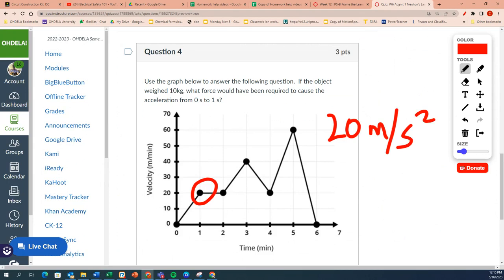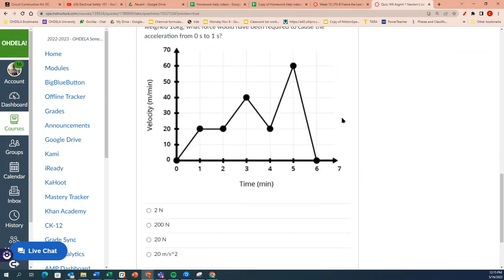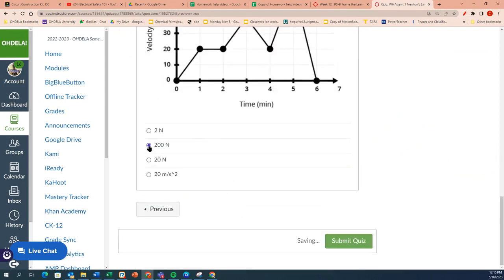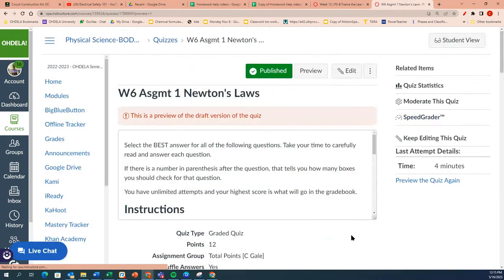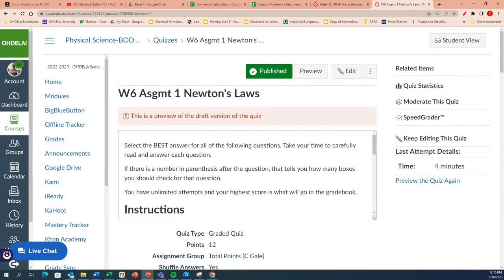So my force is going to be 10 kilograms times 20, or 200 newtons. All right, so we're done with that one. I'll get the next one up.